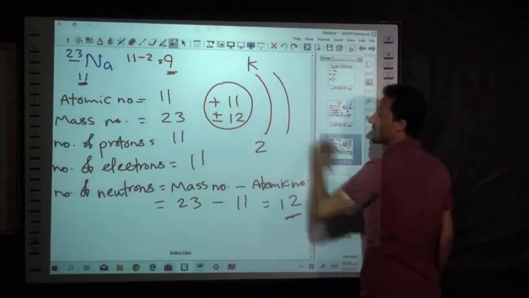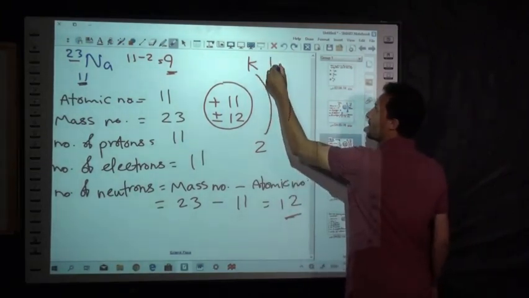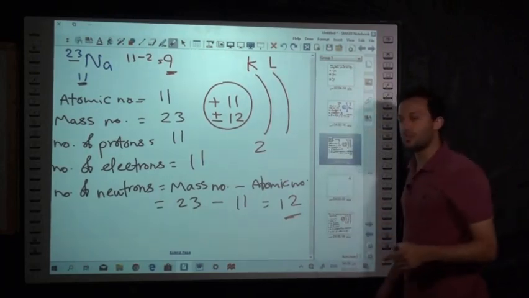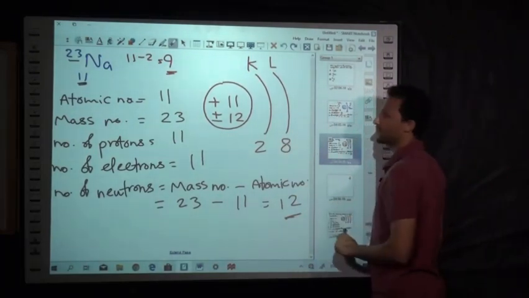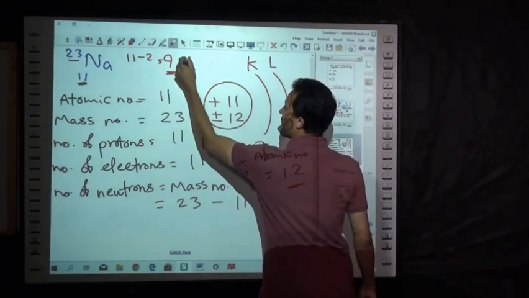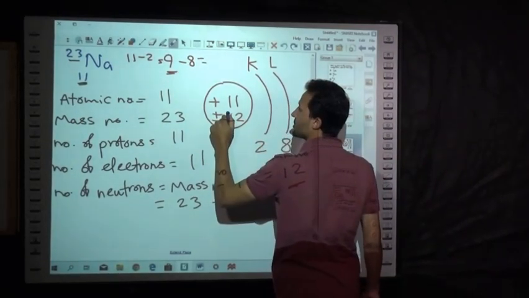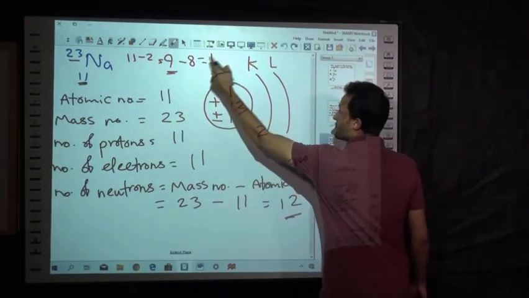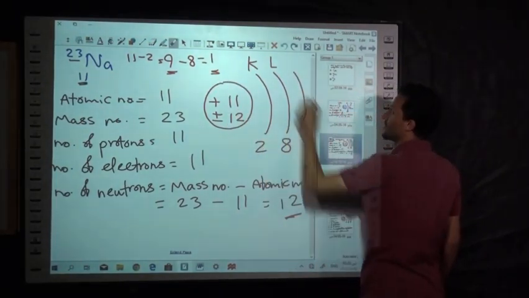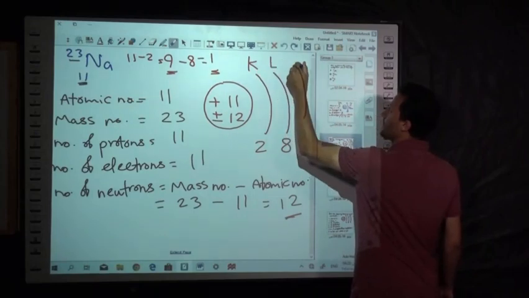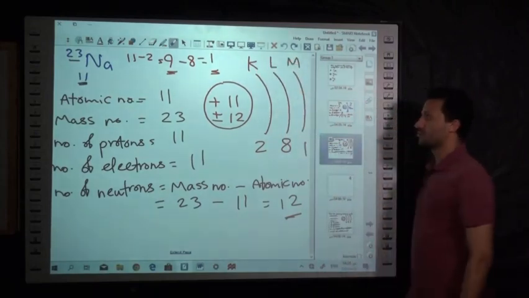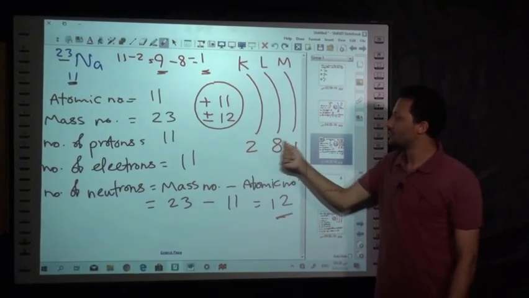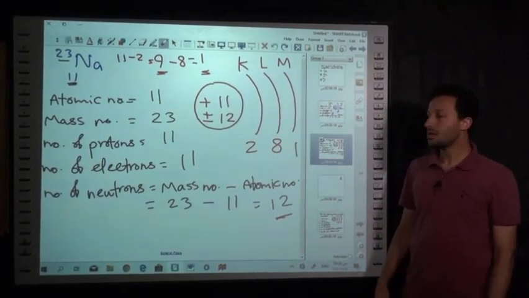Then we will draw the next energy level, L. And we also know that L is saturated by 8 electrons. So 9 minus 8 equals 1. The last electron will be put in the last energy level, M. So this is the electronic configuration of sodium: 2, 8, 1.